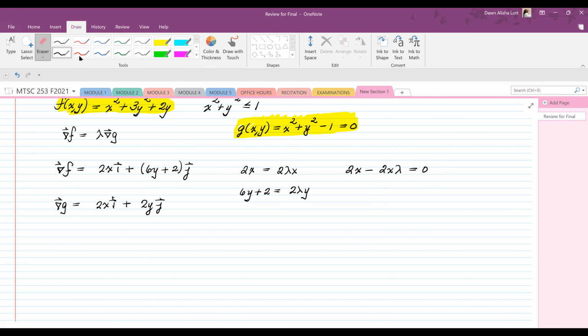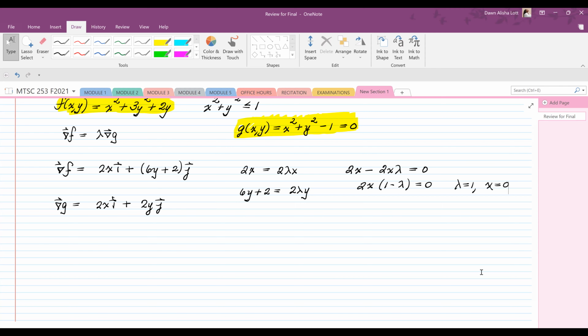So lambda is equal to 1, or x is equal to 0. Do we have to solve for x like that, or you just solve for lambda? It depends.